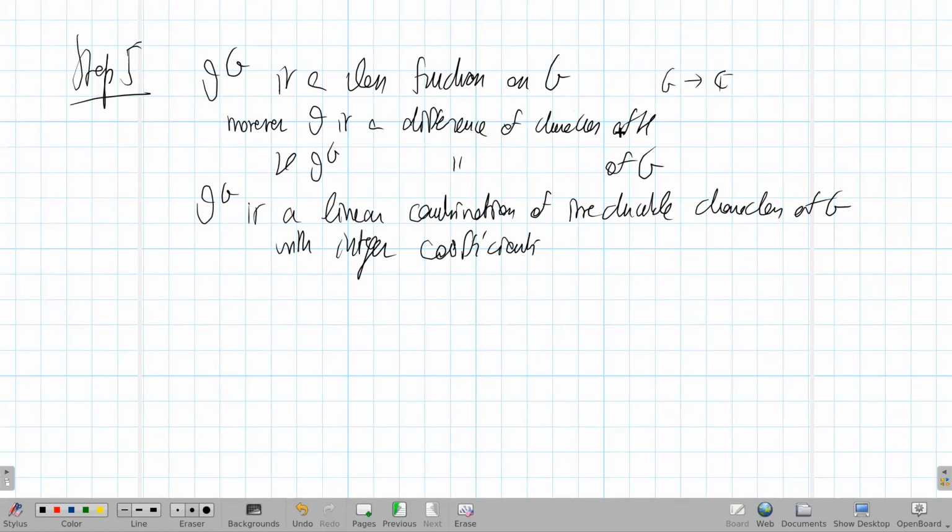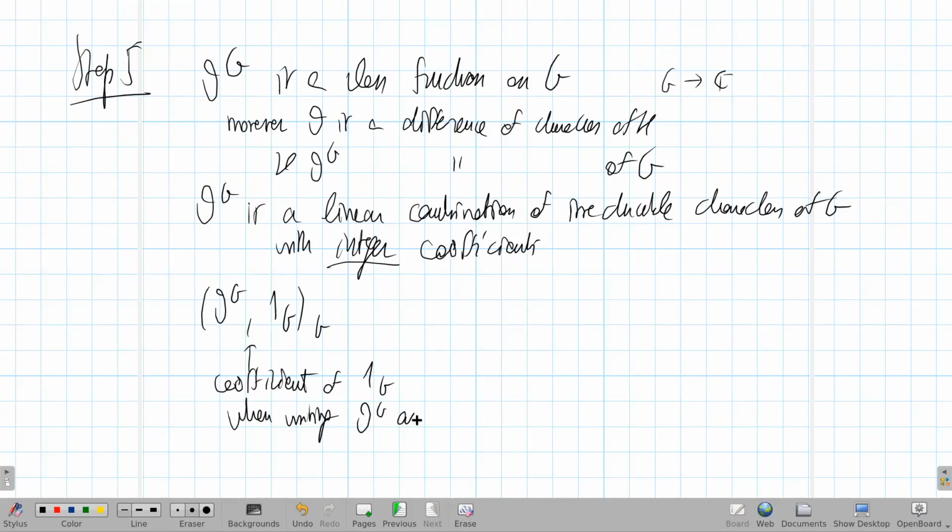If you take a difference of characters, they will possibly become negative integers. So in general, integer coefficients. And we are wondering what this coefficient is, the coefficient of 1_G when writing theta G as a linear combination of irreducible characters.